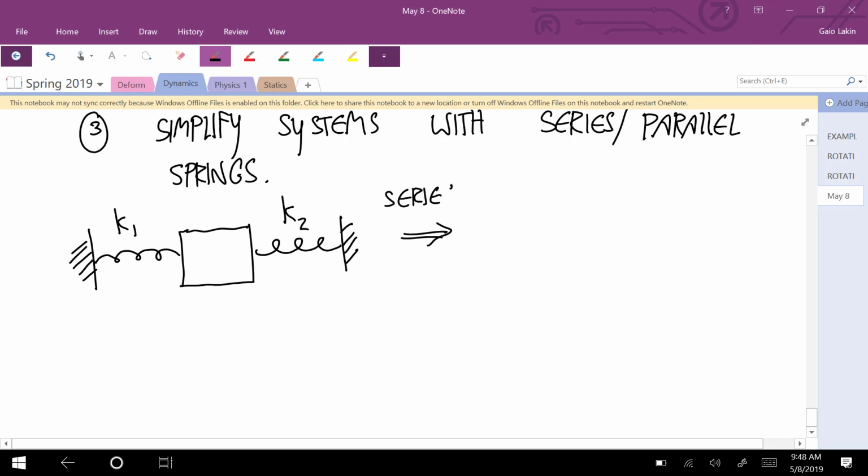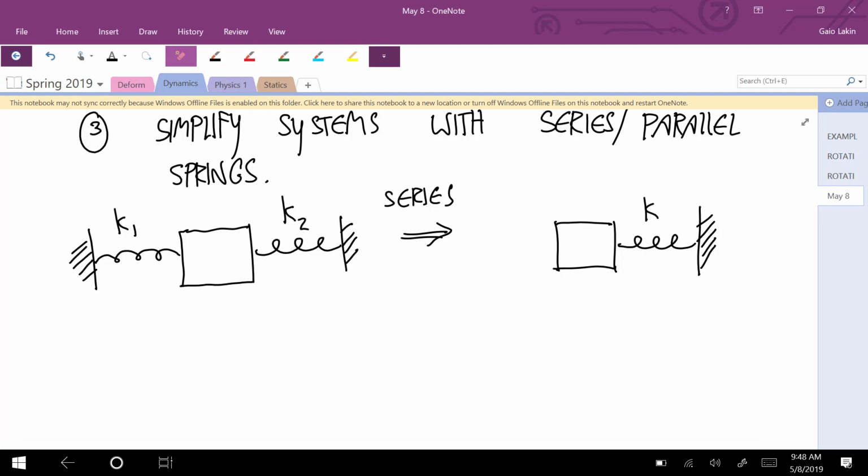Those are in series, and it works like that. They don't add together. Sorry, the relationship is the other one for series. 1 over k is equal to 1 over k1 plus 1 over k2.